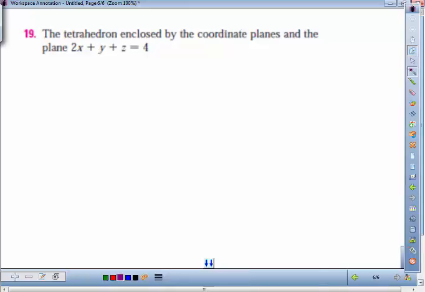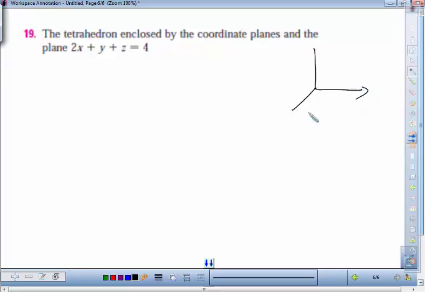So what we want to do is, again, it's hard to imagine how this thing might look. But with the tetrahedron, I think you can actually graph this. So let's see about graphing it. Especially when they say coordinate planes.